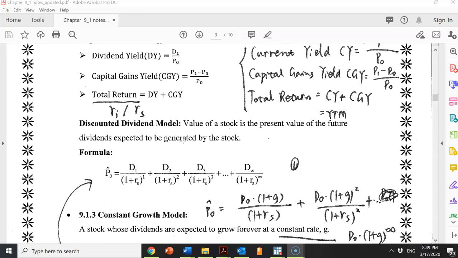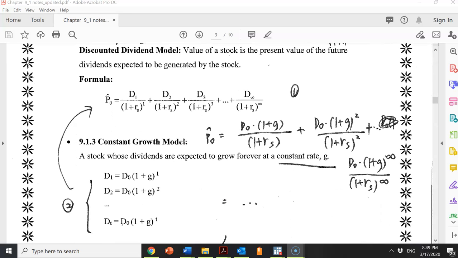Okay, so let's look at the first model to price a stock: the discounted dividend model. The value of the stock is the present value of the future dividends expected to be generated by the stock.